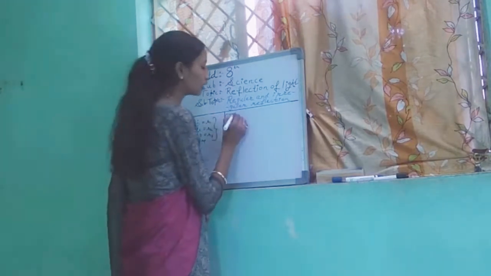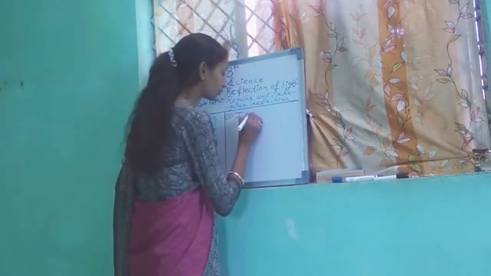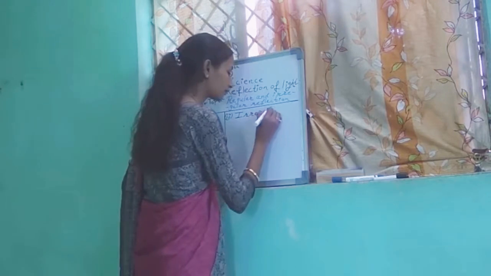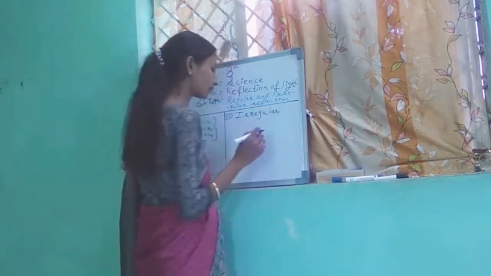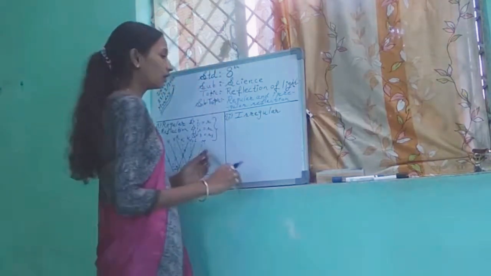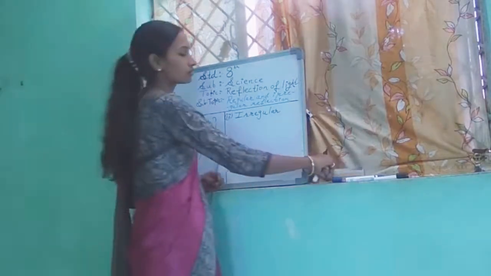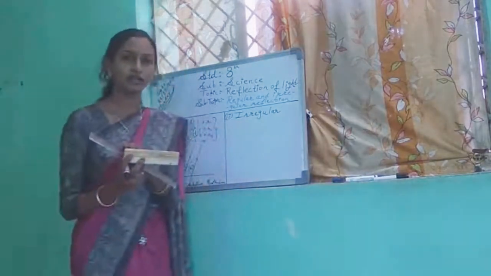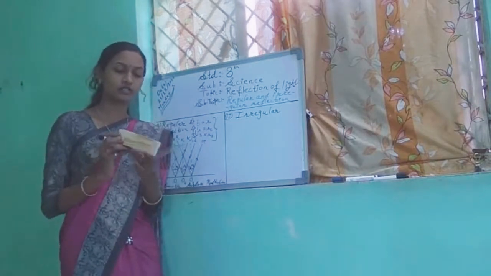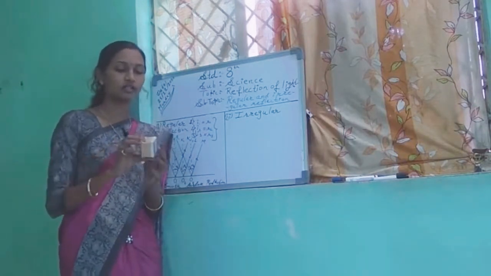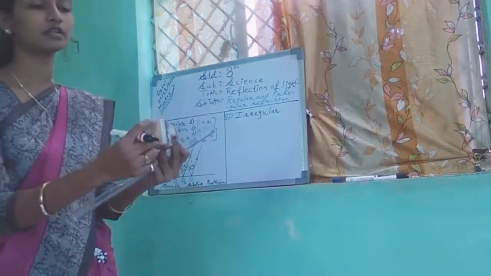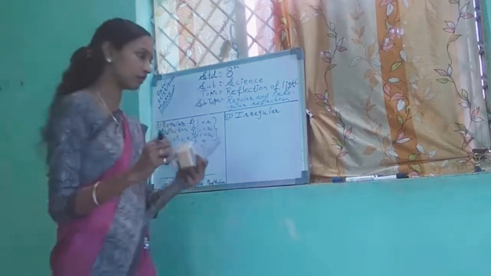Now, irregular reflection. As I have told you, a smooth surface gives regular reflection. On a rough surface, what will happen? Irregular reflection will be there.